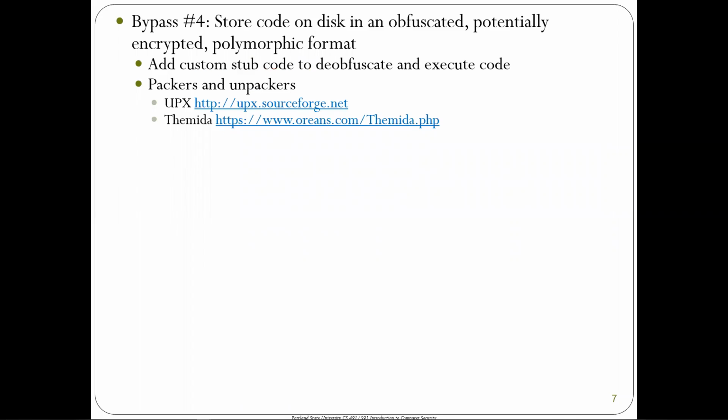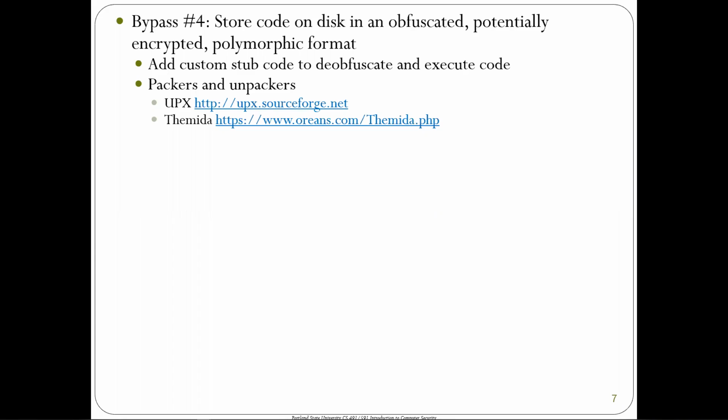You can store code on disk in an obfuscated, potentially encrypted polymorphic format. And the thing that we cover in the malware class are these packers and unpackers. And the idea here is that whenever you pack a binary, you create a unique payload that's encrypted and compressed. And then the key is included in the binary, but it's different for every instance of the thing you packed.